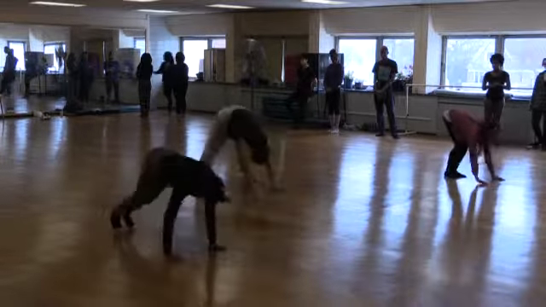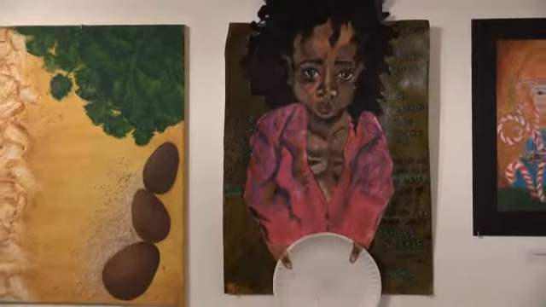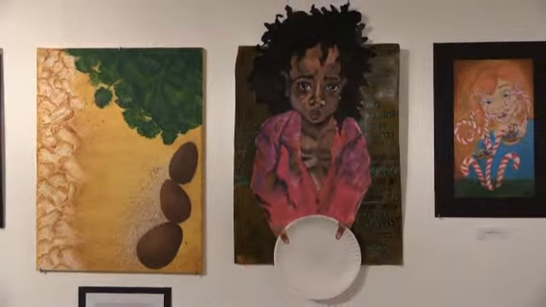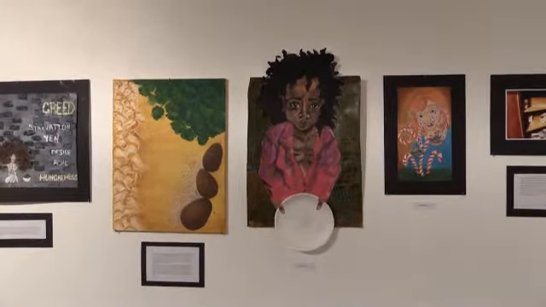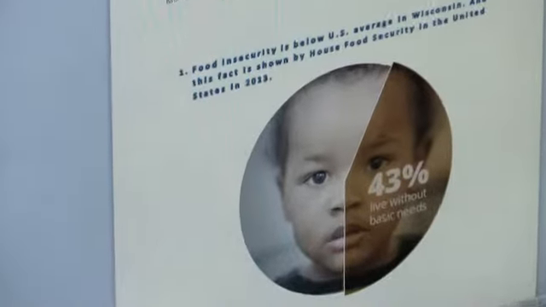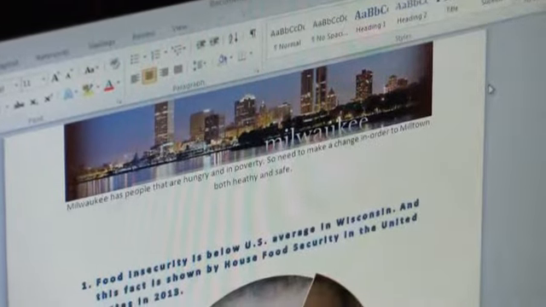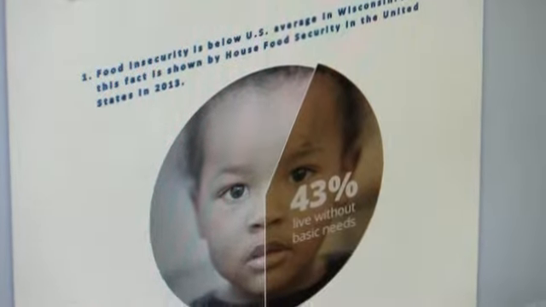In the visual arts department, students were designing paintings and murals to raise awareness about world hunger and then hunger in Milwaukee. And in our world history classes, we're putting together information packets about hunger in Milwaukee, and those will be made available during our end of the semester festivities today, hours 6 and 7.